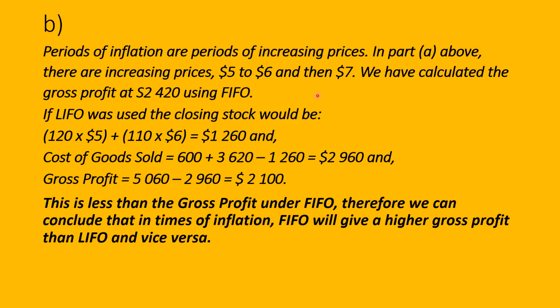I think what the examiners had in mind was for you to use the same set of data to calculate the LIFO gross profit as we did here, and then compare the two. We will notice that FIFO gives a higher gross profit than LIFO. It would be the other way around if you have falling prices or decreasing prices: LIFO would give you the higher profit, and FIFO would give you the lower profit.